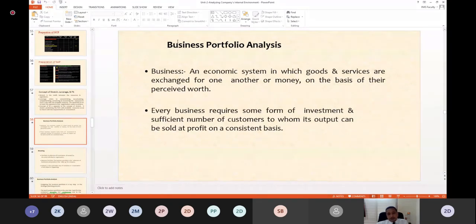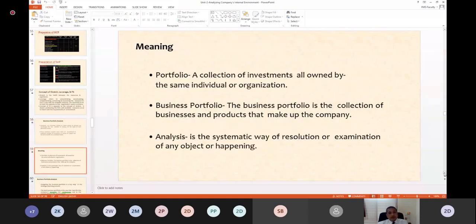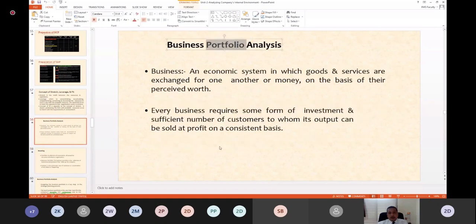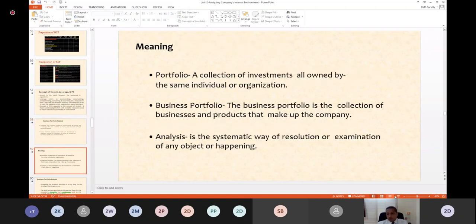Going ahead, we will have to understand the second term, that is, portfolio. What is called a portfolio?